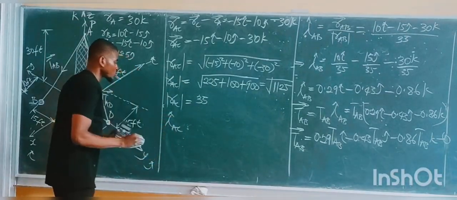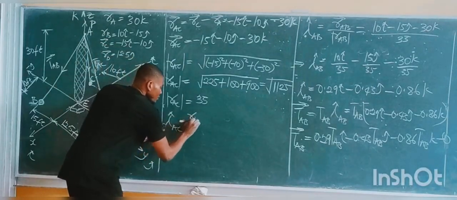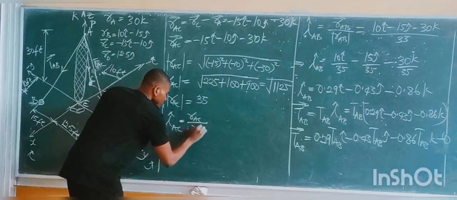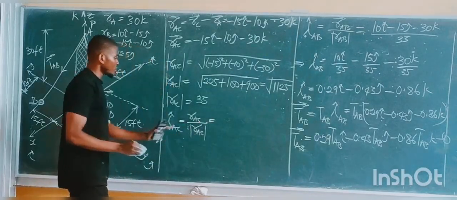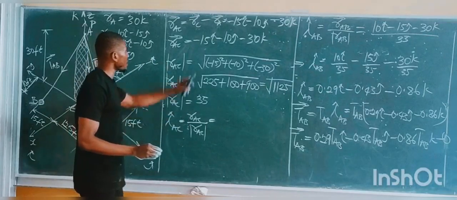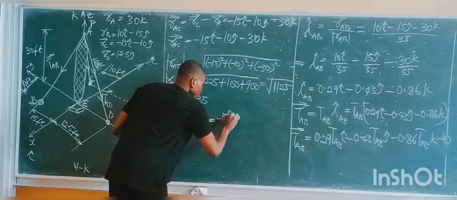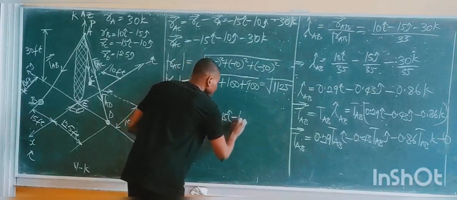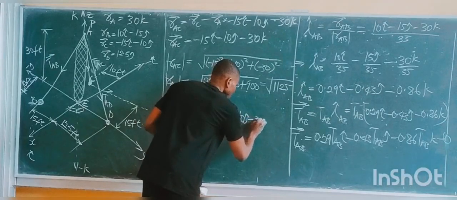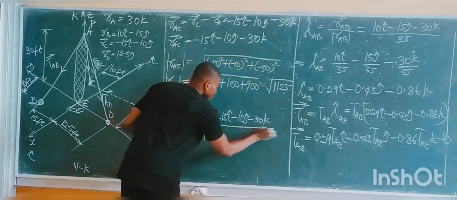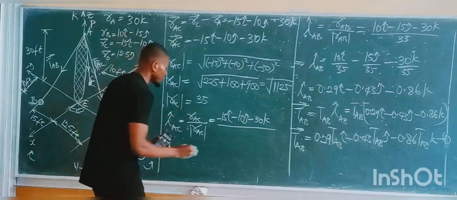As usual, for unit vectors we use lambda to represent it, and that's equal to the position vector of cable AC over the magnitude of the position vector of cable AC. That's equal to the position vector of cable AC, we had minus 15I minus 10J and then minus 30K, all over the magnitude, which gave us 35.